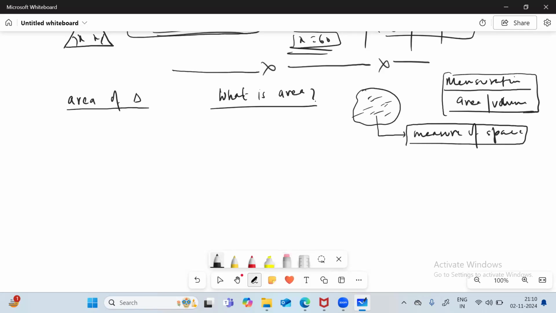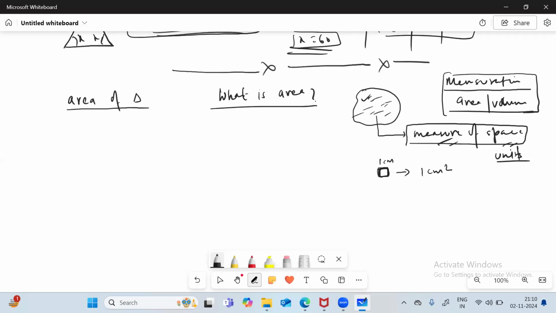So, in order to measure anything, you need units. To measure the space inside any enclosed surface, we use a unit which is a square unit. Whatever distance measurement you are choosing, let's say this particular side is 1 centimeter. The entire space covered by a square of side 1 centimeter will be called 1 centimeter square.